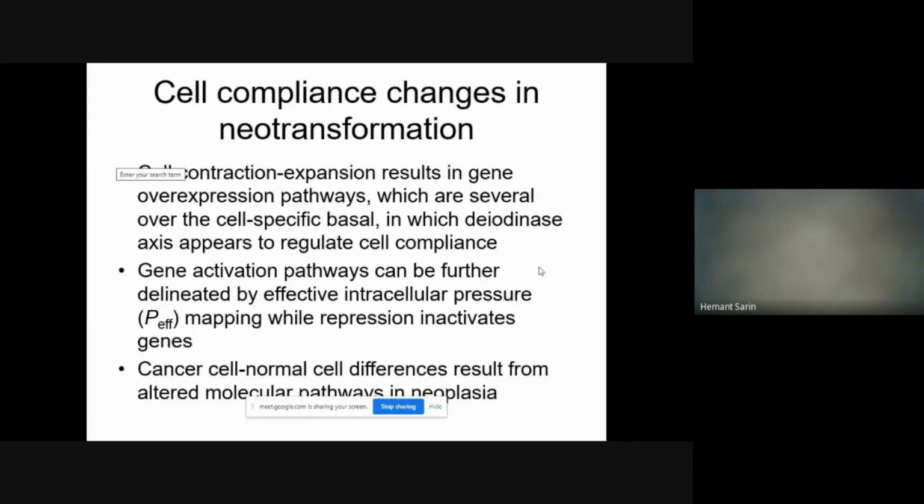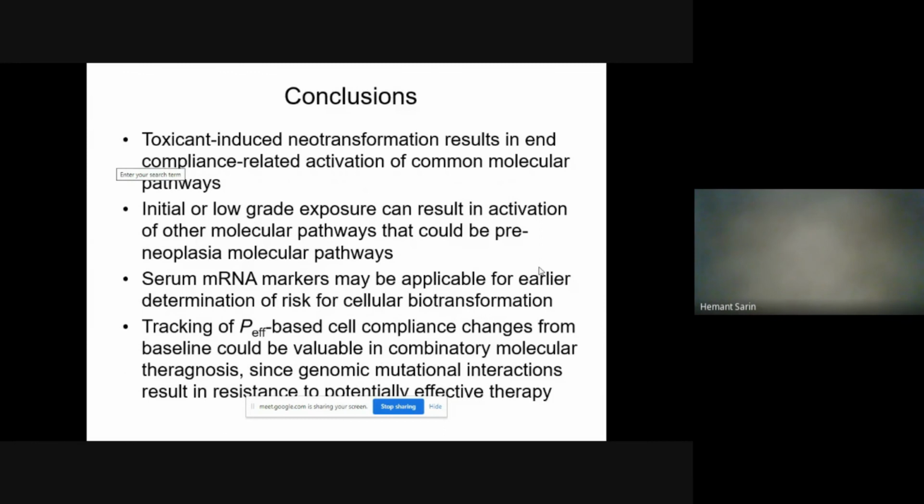As far as translational implications, in addition to the basic science knowledge, this adds to the literature on the mechanisms of regulation of cell compliance, this being the deiodinase system. And there's further work ahead. So, conclusion-wise, toxicants result in neotransformation, or fall within the spectrum of neotransformation to apoptosis.